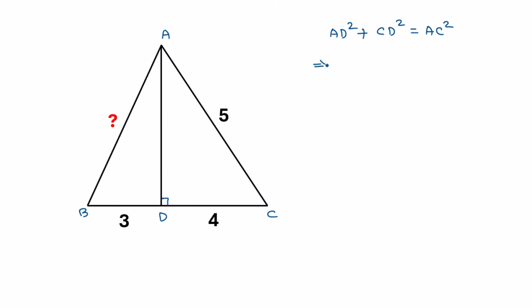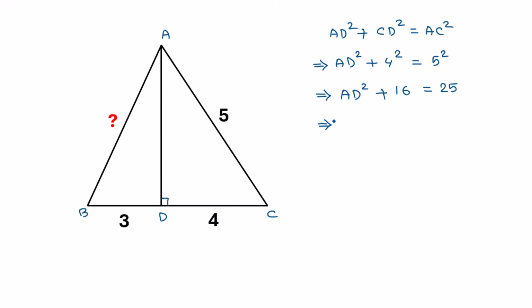Now substituting values, we can write AD square plus CD. This CD is 4 units, so this is 4 square, is equal to AC square. AC is 5 units, so 5 square. Or this AD square plus 4 square, which is 16, is equal to the right side 5 square, this is 25.